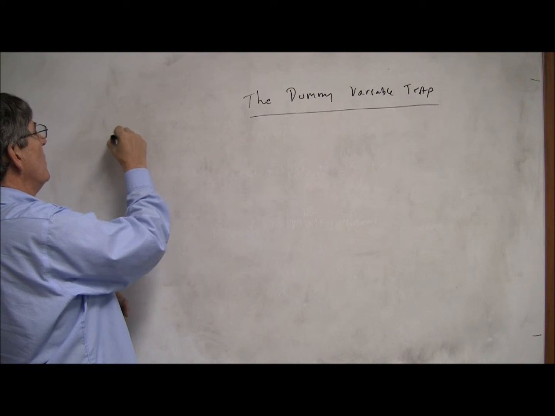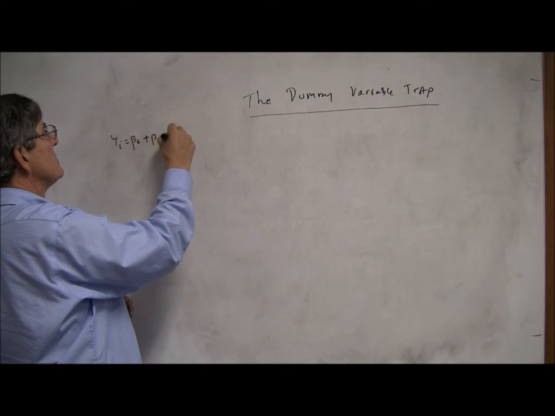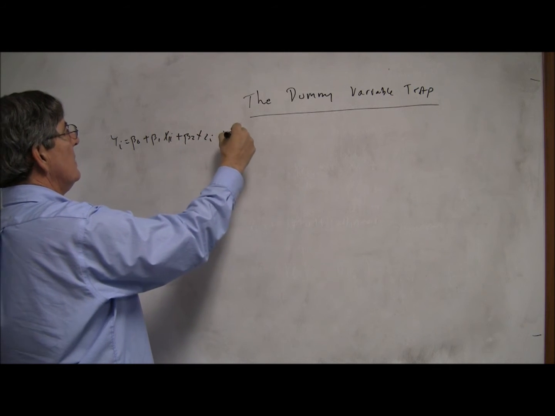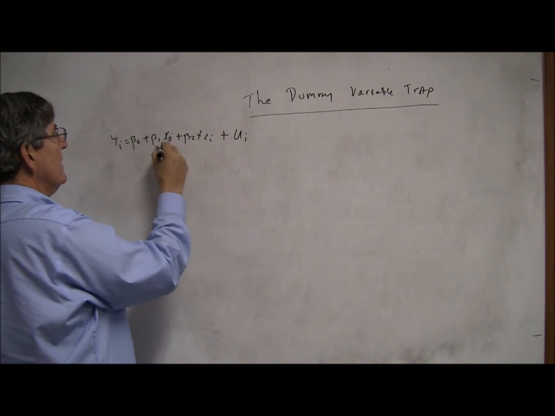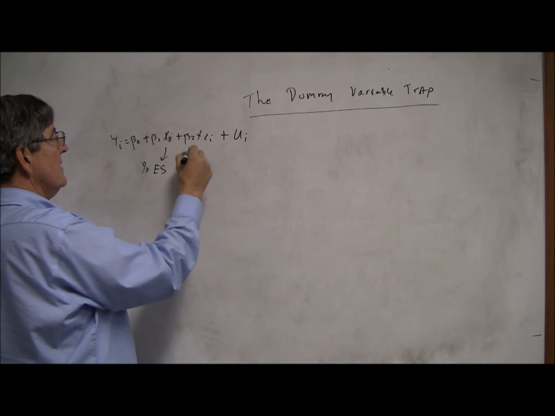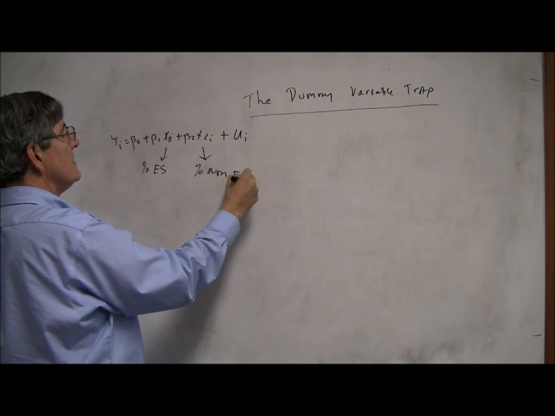Suppose that I have a model yi is beta naught plus beta 1 x1i plus beta 2 x2i plus an error term ui. And this is the percentage of English speakers, and this is the percentage of non-English speakers.